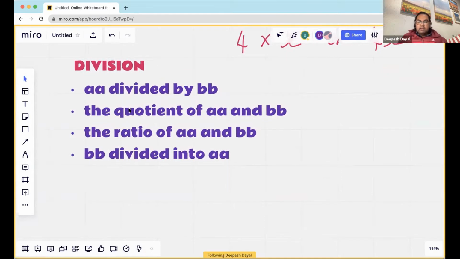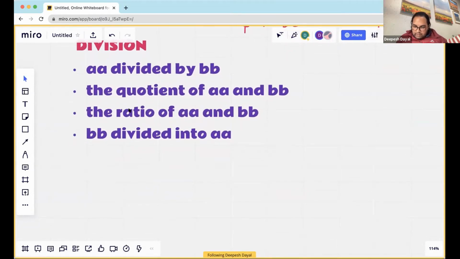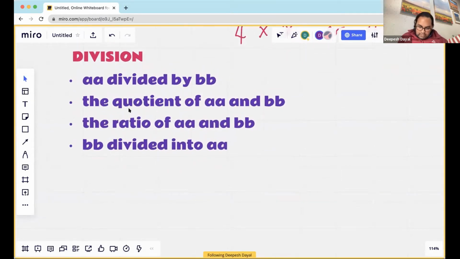Okay. So here we've got division, where we use the division sign. And there's the division sign, right? Division usually involves fractions. A divided by B. So we've got divided, we've got quotient, we've got ratio.